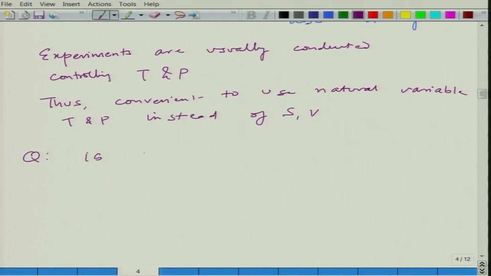So thus the question is, is there a function of T, P, N1 to Nr that contains the same complete thermodynamic information as in U and S?